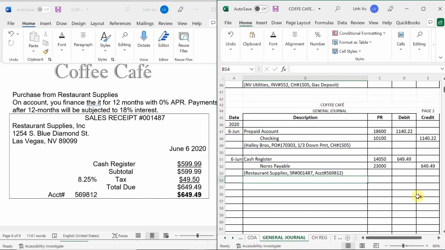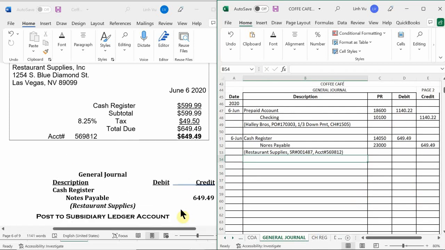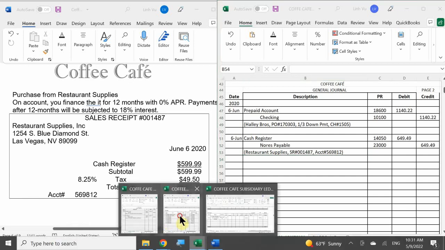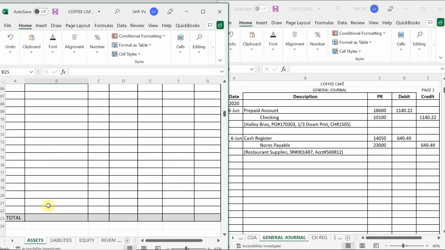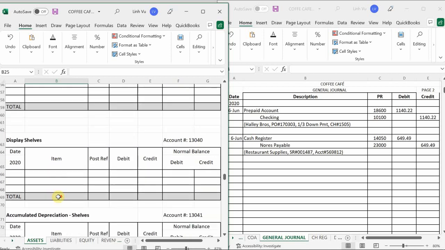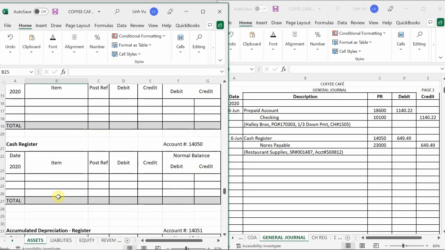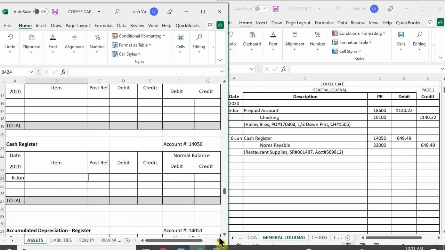Okay. So now that I have it here, I need to plug it into my ledger now. Okay. So here we have a cash register, which is an asset. Okay, so let's locate it. Okay, here you go, cash register. We purchased it. Let me see, what was it originally?